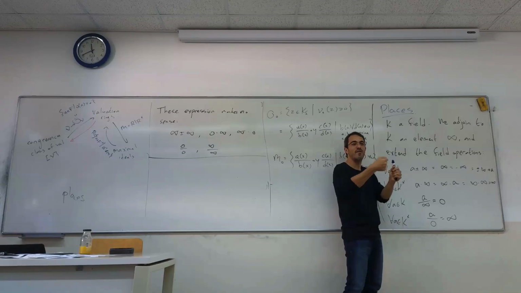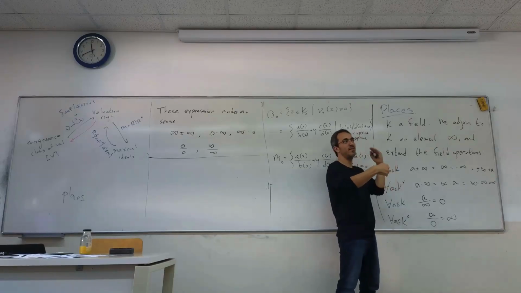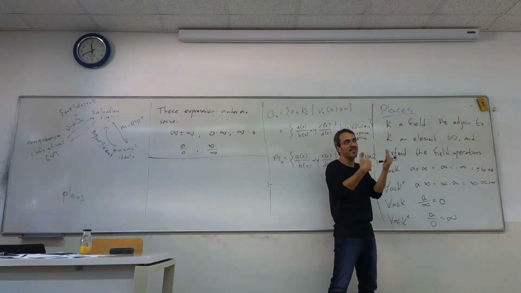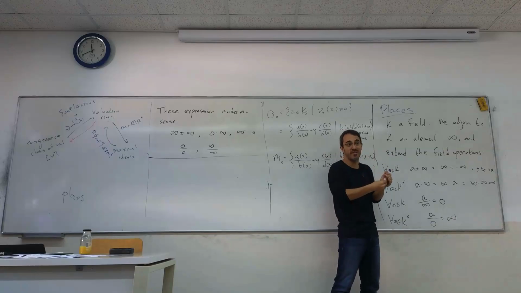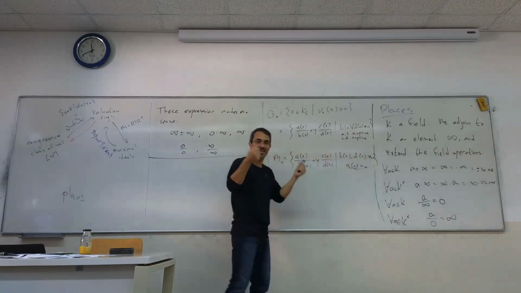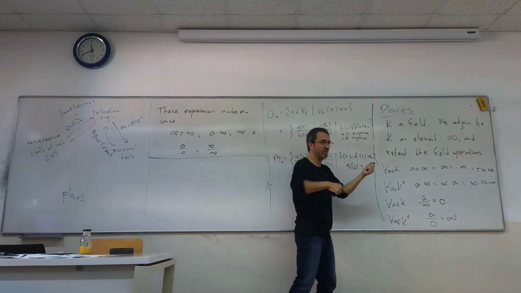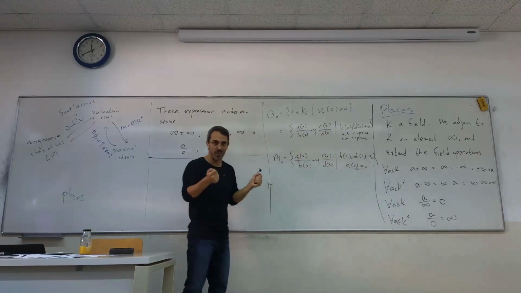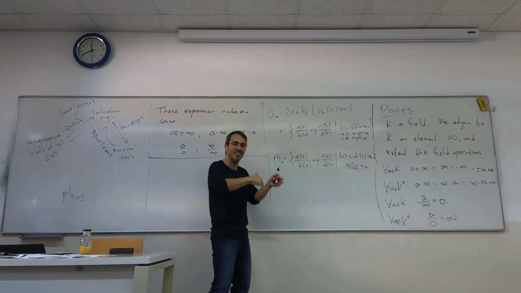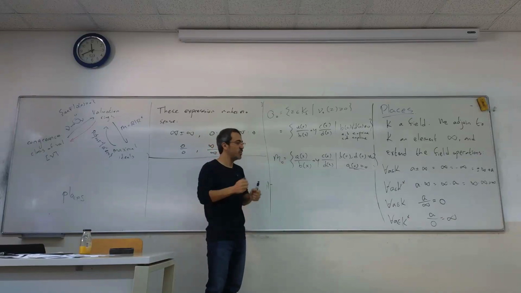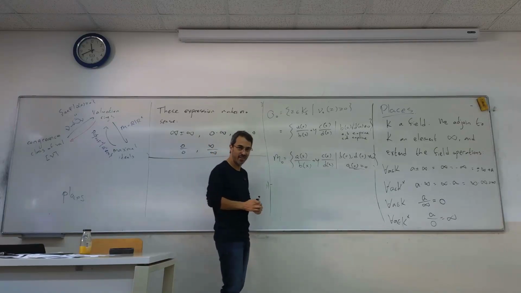So if you have a function that is 0 at the point and a function that is infinity at the point, the product you can't really define in a consistent way. Because, for example, x and 1 over x: one is 0 at the point, the other is infinity at the point. The product is 1. But 2 over x and x, the product is 2. So you can't be consistent doing that.